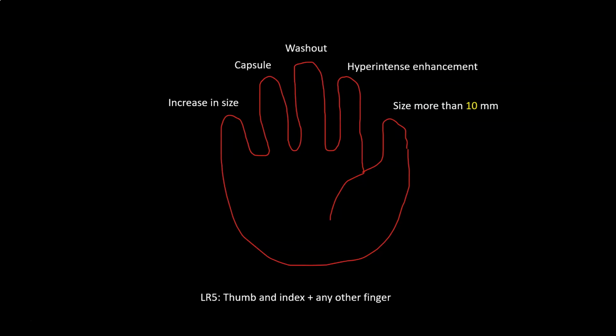This means a lesion should be more than 10 millimeter, should have hyperintense enhancement on the early phase of the dynamic study, and then should have any of the other three criteria. Self-evidently, LIRADS 4 lies between the two simplifications.